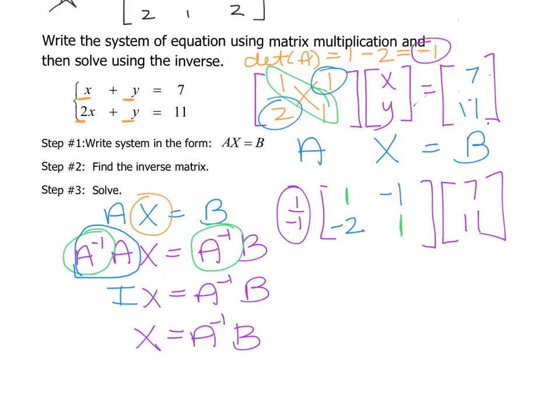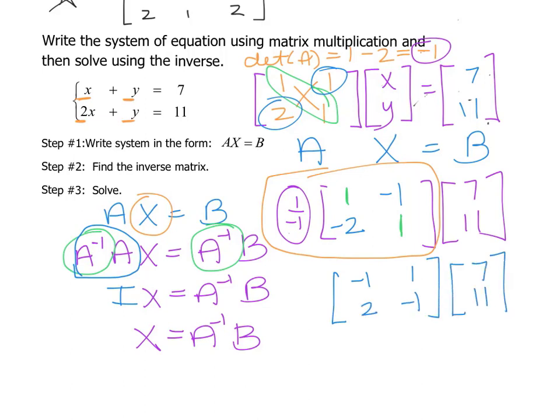So if I combine that, I'm going to end up with the matrix negative 1, 1, 2, negative 1. And I'm multiplying by 7, 11. This is going to give me my solution to this system of equations.